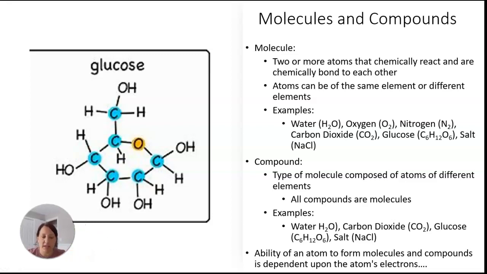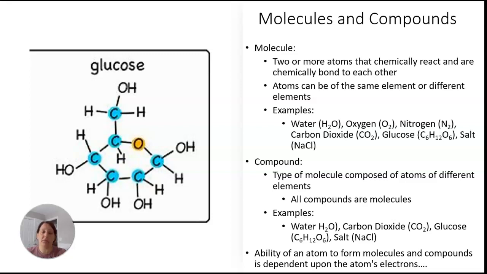And so in the last part of the chapter, we talked about matter and elements and atoms. And so we said that when two or more atoms chemically react and they chemically bond to each other, we form what's known as a molecule. And so in a molecule, the two or more atoms that are participating in this bonding can be of the same element.